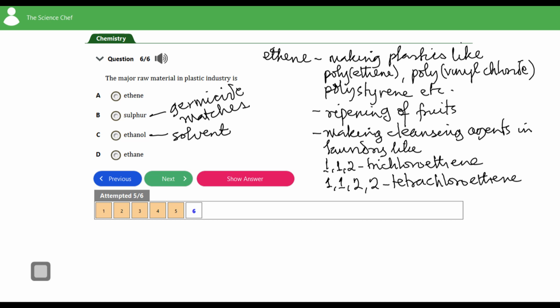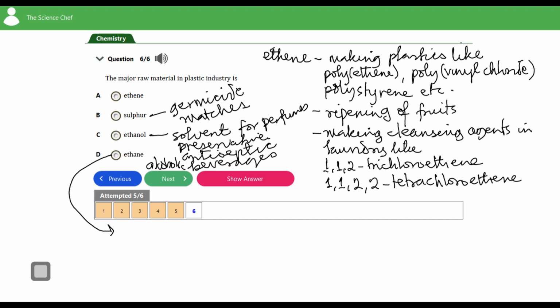Ethanol can be used as a solvent for perfumes, as a preservative, and as an antiseptic. Most importantly, it's used for making beverages. Alcoholic beverages. Ethanol is an alcohol. Alcoholic beverages like your beer, your whiskey, and so on and so forth, right? Then your ethane. Ethane is an alkane that is used for fuel.